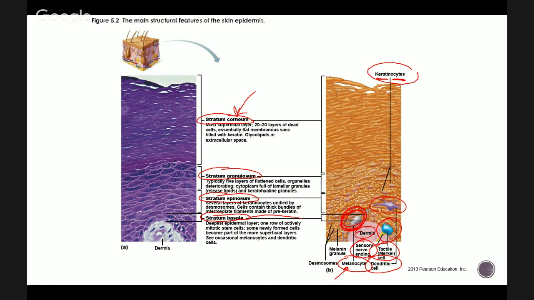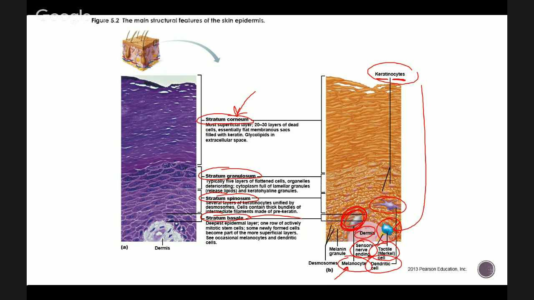If we touch something, the squishing of the layers of the epidermis down on this tactile cell will tell our nervous system that we're touching something, or something is touching us, or something is pressing on our skin.